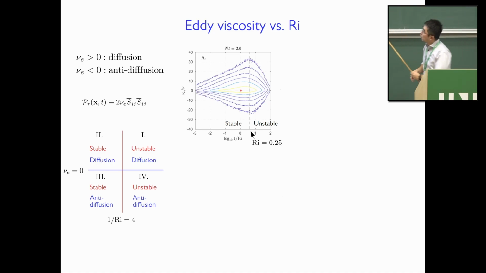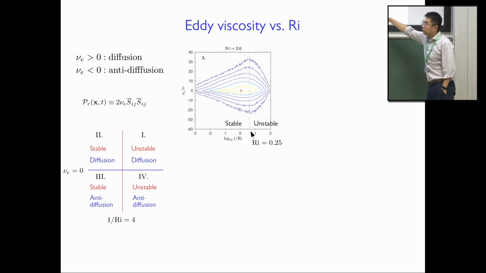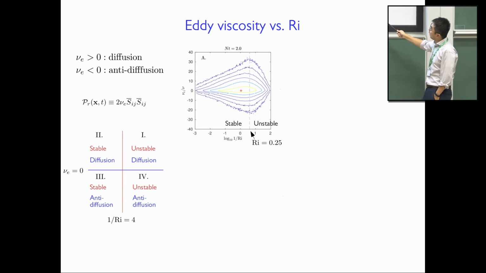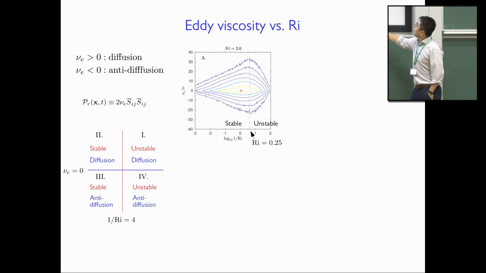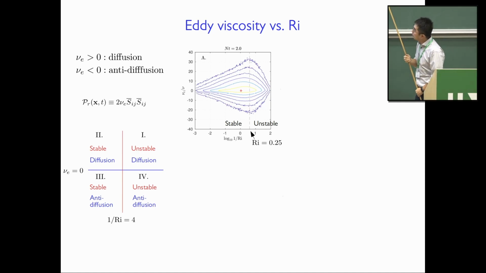You're looking at the joint PDF of nu e, normalized by molecular, plotted against log 10 of 1 over Ri. Of course, I'm putting the magic number, a quarter, as a vertical line to tell you where they are.